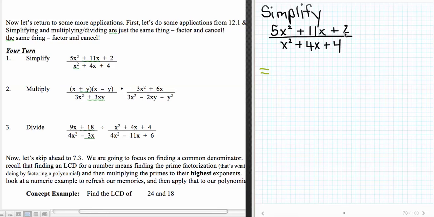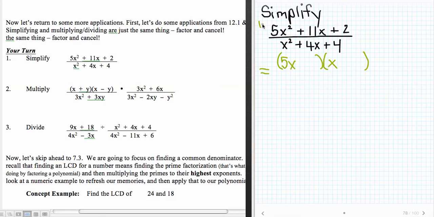So we look at the numerator here, and we see that we have the factors of 2 times 5 that sum to 10. Well, that would be 10 and 1, or sum to 11. Sorry, it's 10 and 1, sum to 11. So what I'm going to do is use that factoring by grouping strategy to find the factors of these by rewriting it, first of all, as the factors of 5.